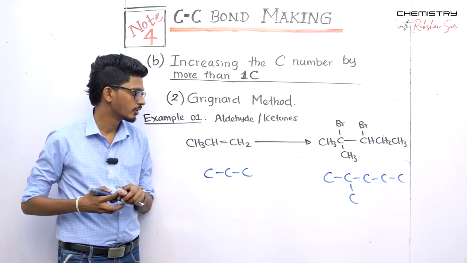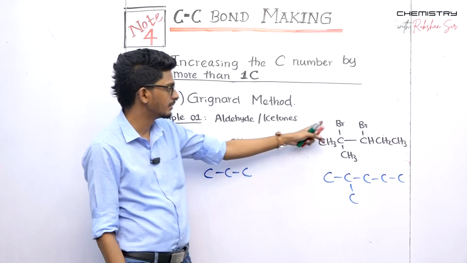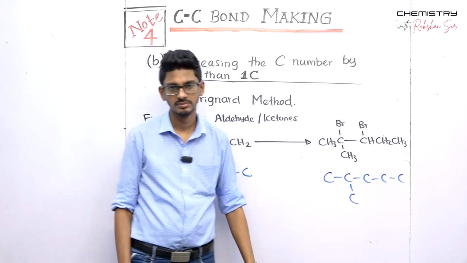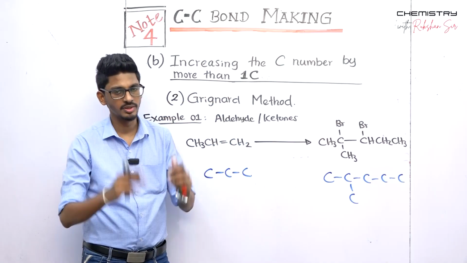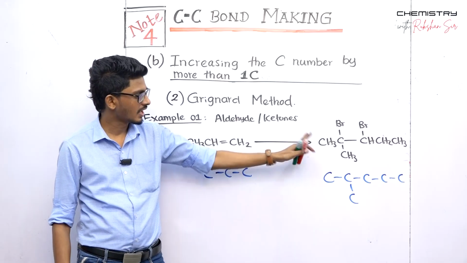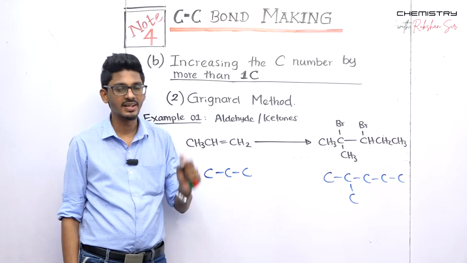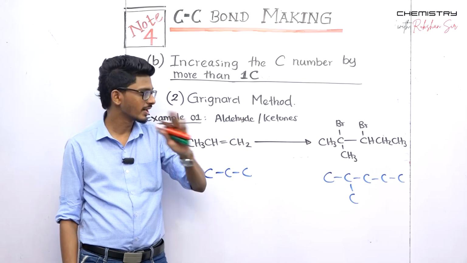I'm seeing only the carbons. I'm not seeing any bromines here. Don't look at the bromines. Just look at the carbons. Our first task is to come up with the correct carbon skeleton.